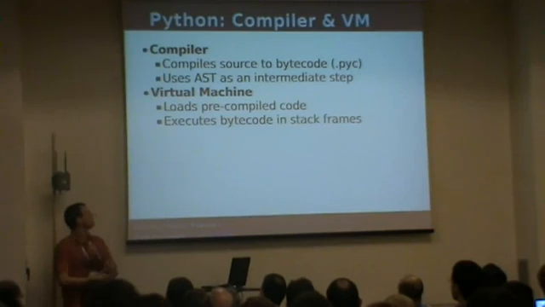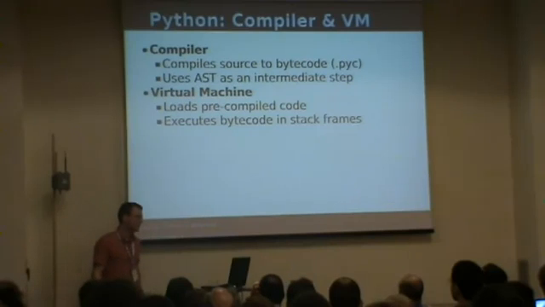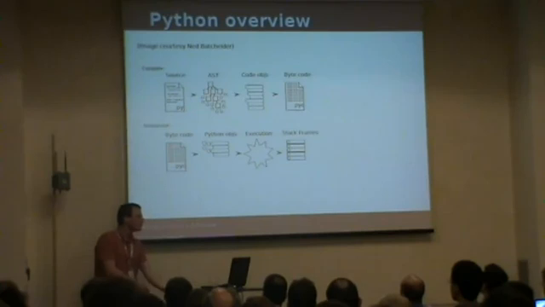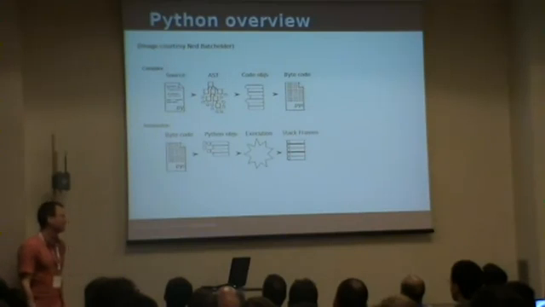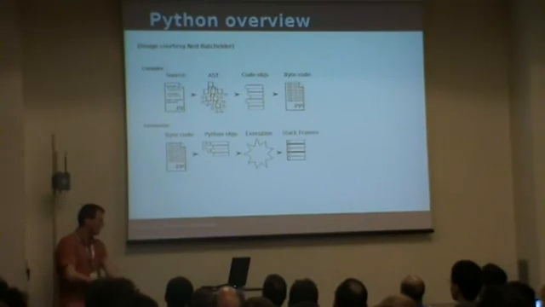This talk is going to concentrate on the virtual machine part, not much on the compiler part and the AST transformations you can do. This is the only image, I'm afraid, that you're going to get, because I'm rubbish at making images. I even stole this from someone else with permission.